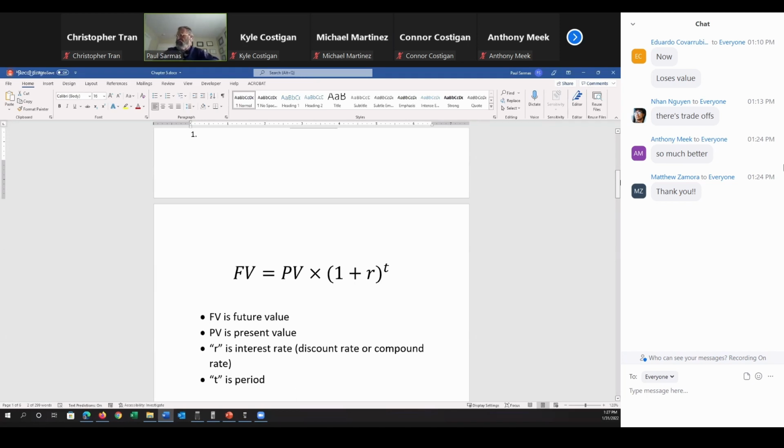So if you take present value times 1 plus R to the power T, that will give you the future value.